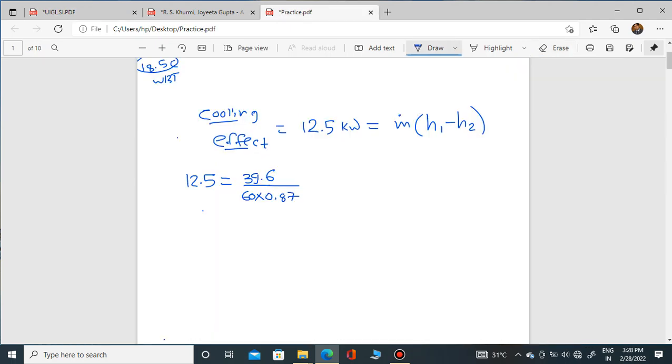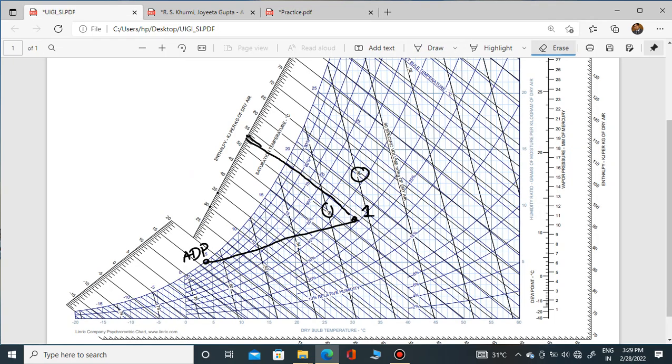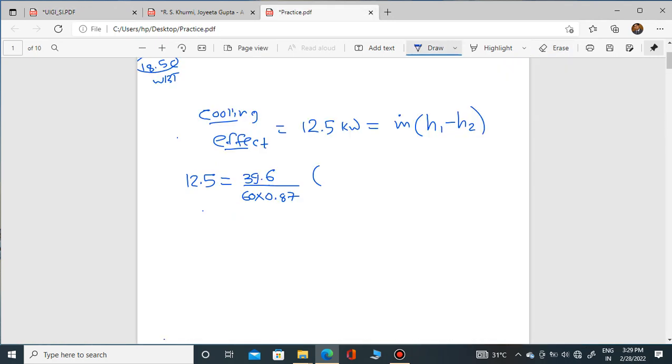I already told you why we have to do this procedure. What was the H1 we got? H1 is 54, so 54 minus H2. Now we need to find out H2. Why did we do this? It is given in meter cube per minute, so we are dividing it by 60. The unit after dividing by 60 is meter cube per second. Now we divide this by the specific volume, whose unit is meter cube per kg.